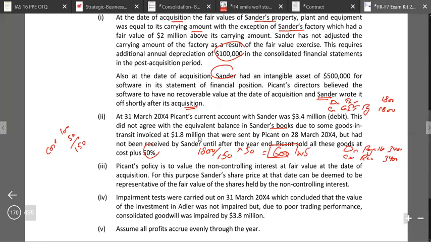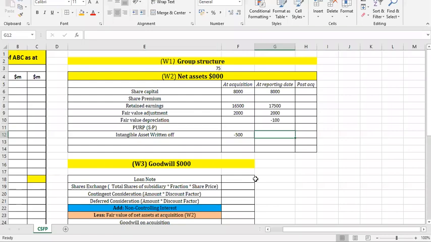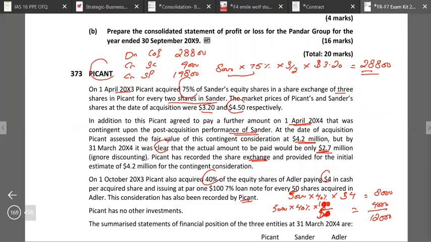Okay, then you have Picant's policy to value the non-controlling interest at fair value at the date of acquisition. For this purpose, Sender's share price can be deemed. So if you remember, the total shares of the subsidiary are 8,000. We have acquired 75%, so that means 25% belongs to the NCI, and we have the share price of the subsidiary, which was $4.50.